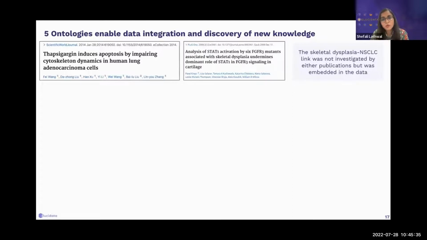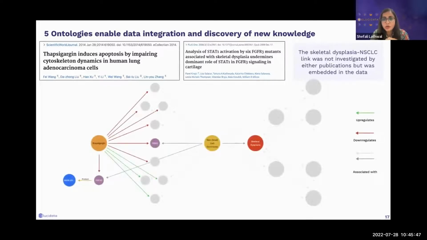And because now we're using the same vocabulary for diseases, drugs, and genes across all of the data sets on our platform, we were able to create networks that look at relationships between drugs, genes, and disease metadata across thousands of data sets and discover a link between non-small cell lung cancer and skeletal dysplasia, which was not explicitly studied in either of these publications, but was actually embedded within the data itself.